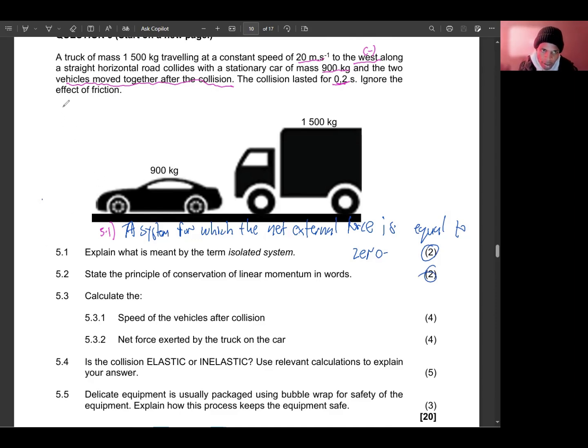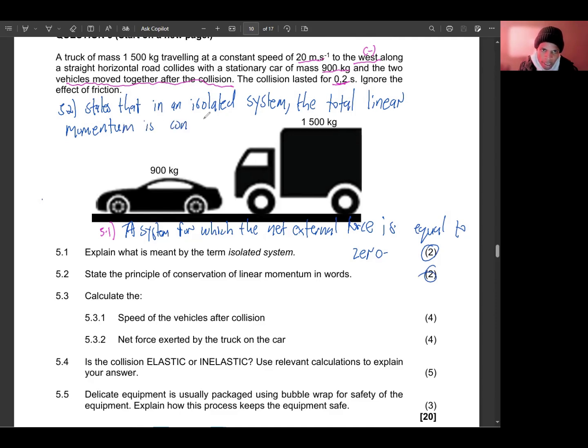Then what is the principle of conservation of linear momentum? We are going to say it states that in an isolated system, the total linear momentum is conserved.